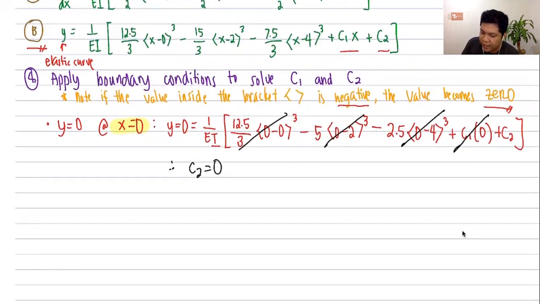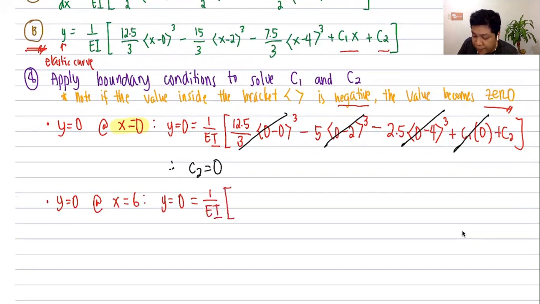We mentioned that at the roller, y is equal to 0 at another support reaction, which is found at x is equal to 6. So using the same equation B, I can say that y is equal to 0 is equal to 1 over EI times, again, I'll just copy equation B, but I'll substitute a value of 6 to the variable x.